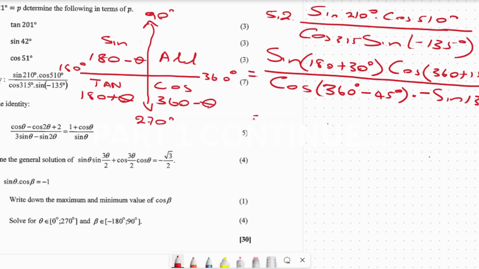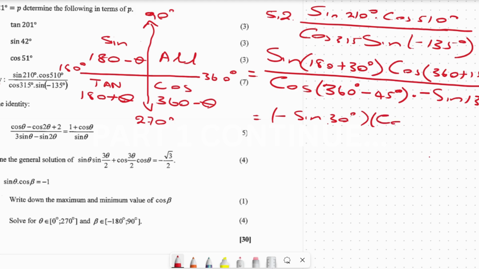Then when I'm simplifying, this is going to be the third quadrant. Sine is negative. This is going to give me negative sine 30 degrees. As you can see here, I'm putting the bracket to say I'm multiplying this. This is going to be cos 150, but remember cos 150, I still have to simplify this into special angles. Because it's 360 plus, all of the 360 plus are in the first quadrant, which are positive.